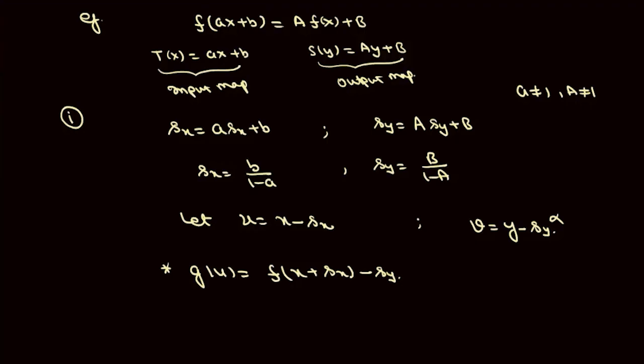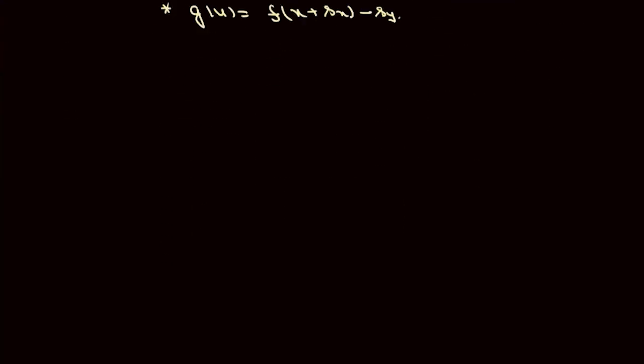So let us take up an example. Say for example, we need to simplify the structure f(2x + 3) equal to 3f(x) + 4.